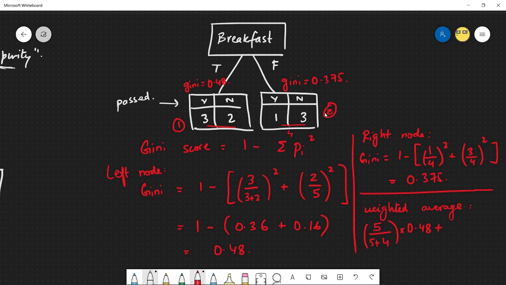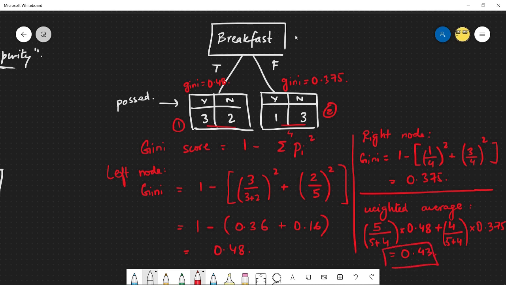So we'll say, okay, for the right-hand side, we had 3 plus 1, 4 out of 9 total students here, or 9 total data points. So I'm going to say 4 out of 4 plus 5 again, times the Gini score on the right-hand side, 0.375, and if you evaluate this, you will get a total weighted average Gini score of 0.43.